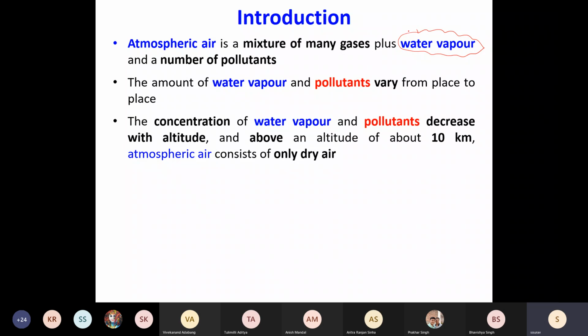So the reason is simple. The other gases which you have mentioned right now will not condense in most of the air conditioning processes that we'll discuss. Okay, unless and until you go to cryogenic temperatures, we will not see the separation of nitrogen and oxygen and argon from air. The composition of air will remain as it is till you go to temperatures low enough to condense the individual gases.